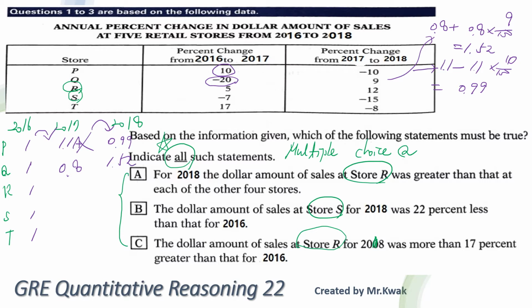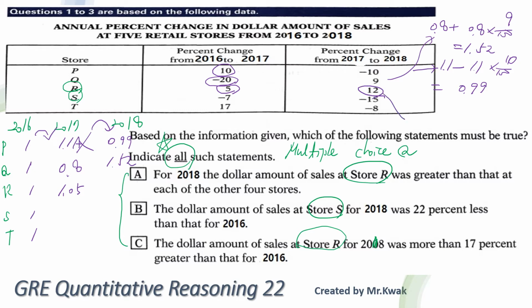Then let's move on to R. R of 2017 could be 1.05 because 5% was raised, and then 12% raised again.